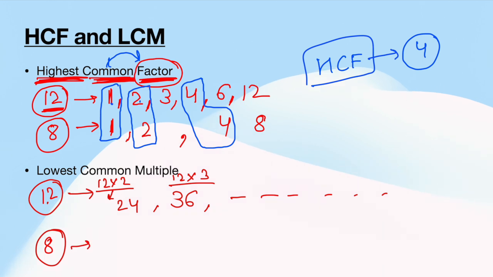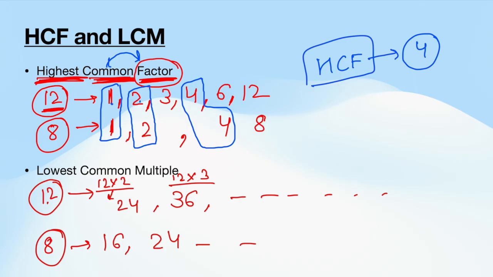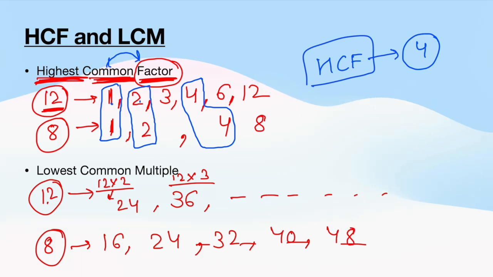If I talk about 8, then 16, then 24 and so on. Now can I find the highest multiple here? Not possible, because I can keep multiplying, right?